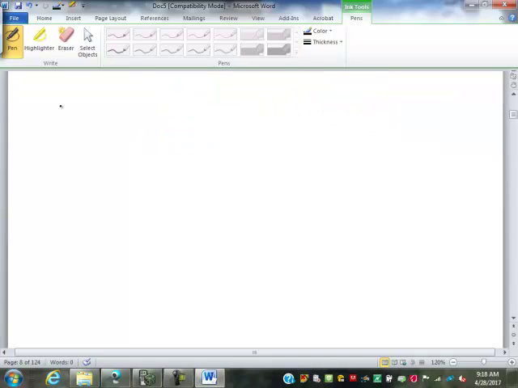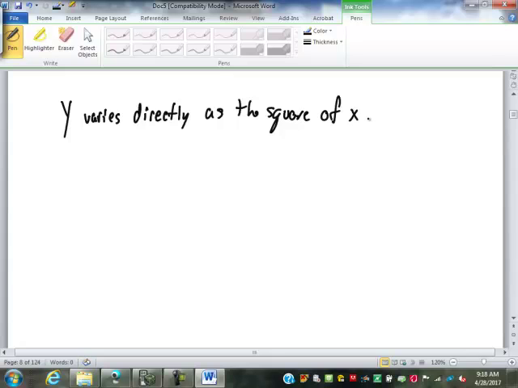We might end up with y varies directly as the square of x.